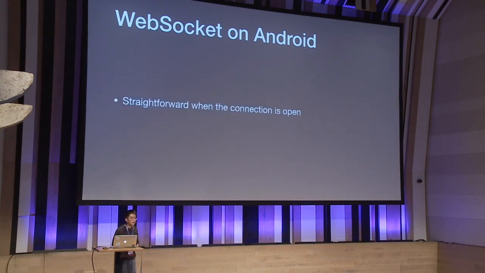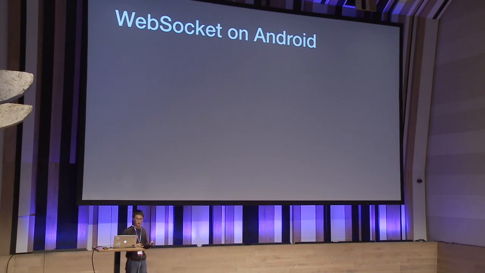So as developers, we tend to think about the happy path. In our previous example, WebSocket is straightforward because we assume the connection will be open and it will stay open. But it's not always the case. A connection may fail. For example, when you're in a train that's heading into a tunnel, your connection may terminate at any time.